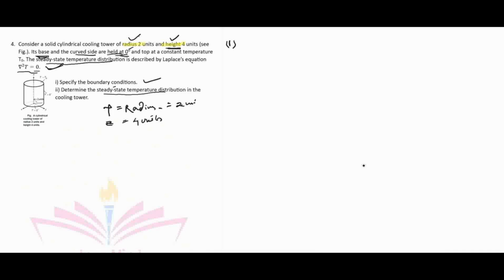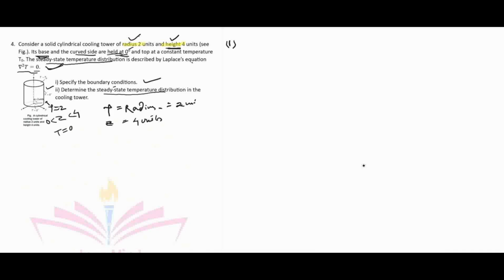What does the curved side mean? Curved side means where rho is equal to 2 and z ranges from 0 to 4. At that point T is equal to 0.